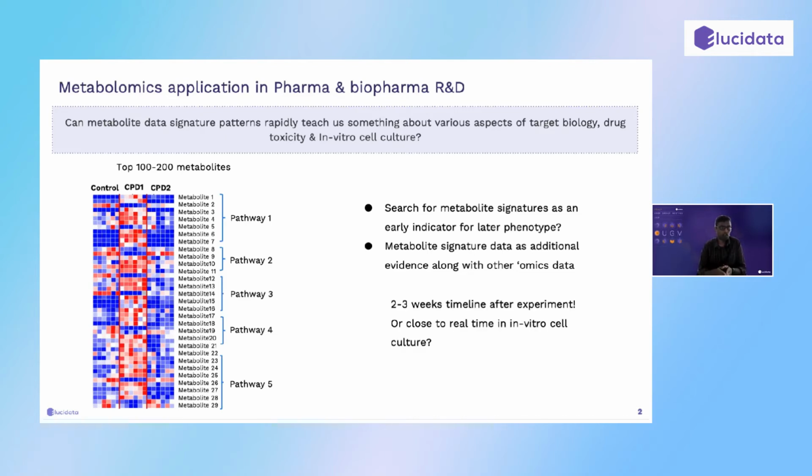And we really wanted to do this at a very fast turnaround time, within 2 to 3 weeks after we receive a request from the project. Or even think about real-time in vitro cell culture monitoring maybe in the future. The reason behind this is teams are very agile and nimble with respect to getting insights quickly on whatever data they're collecting.